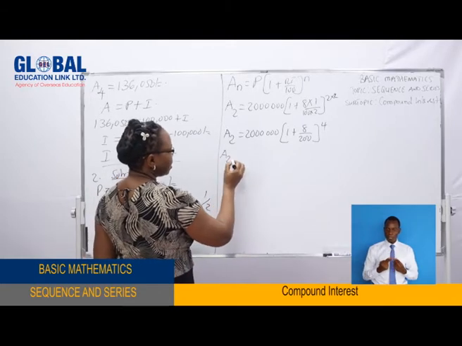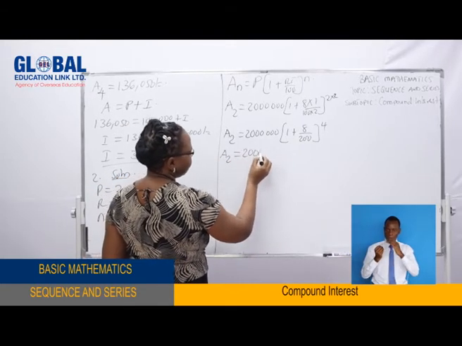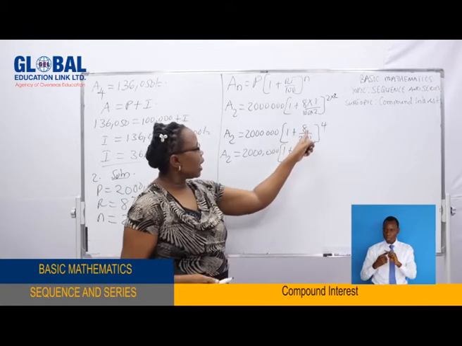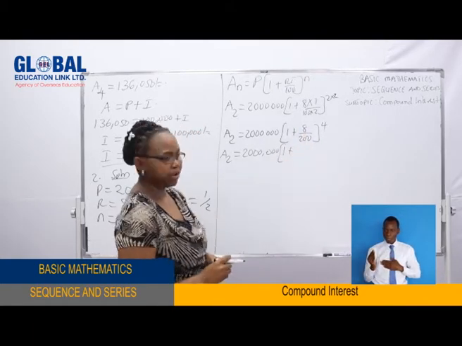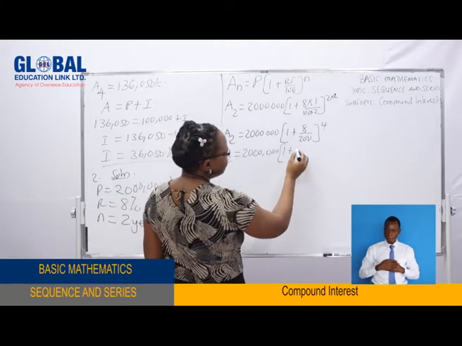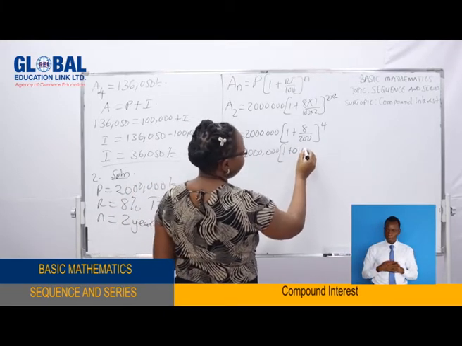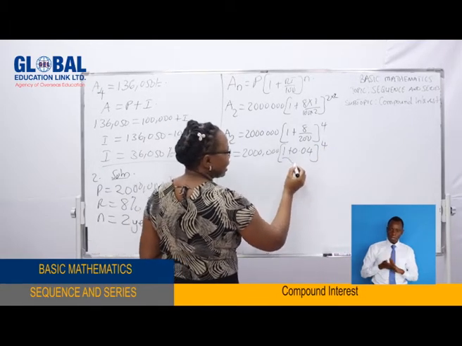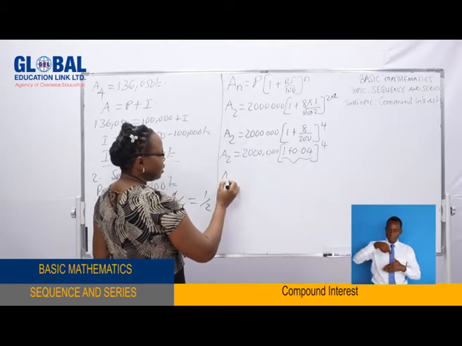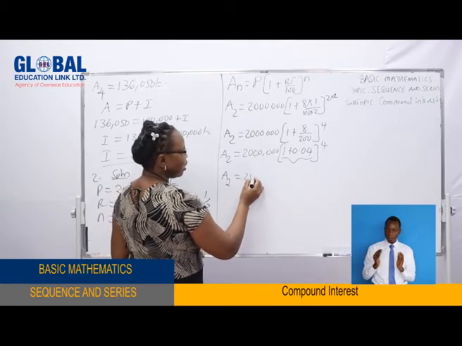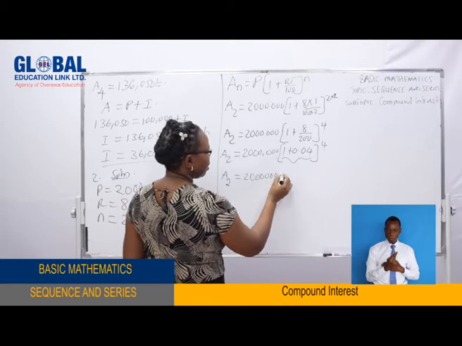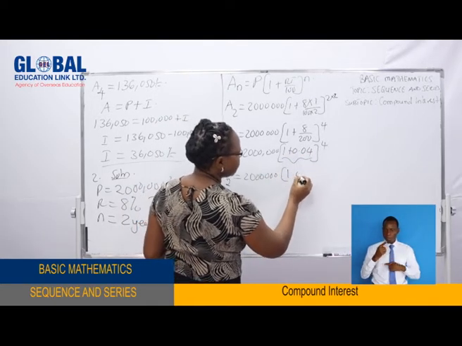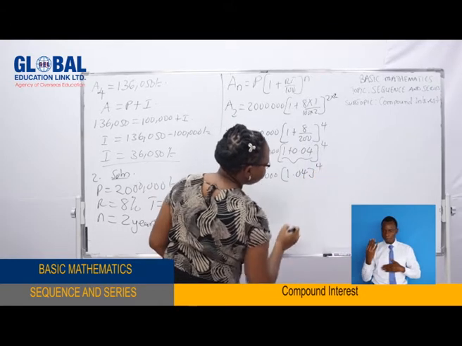The amount at the second year will be 2 million, 1 plus 8 divided by 200, which is 0.04, then power 4. We calculate the amount inside the bracket: 1 plus 0.04 equals 1.04, then power 4.